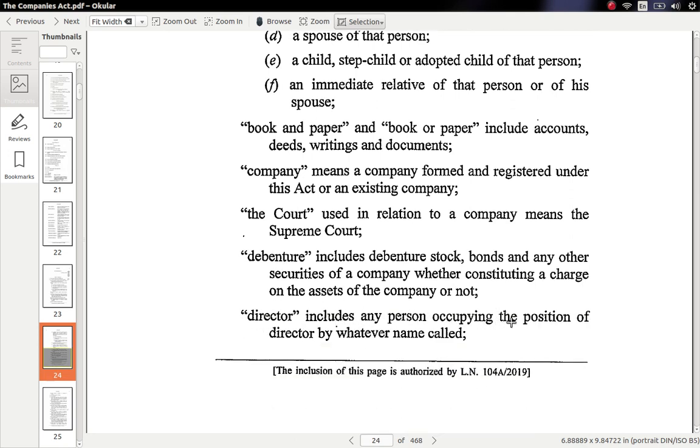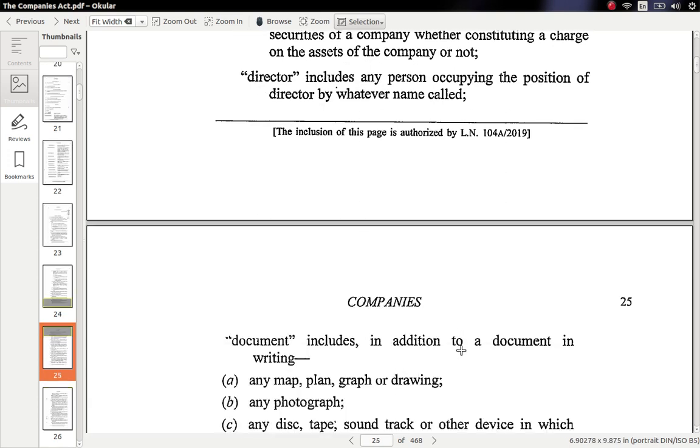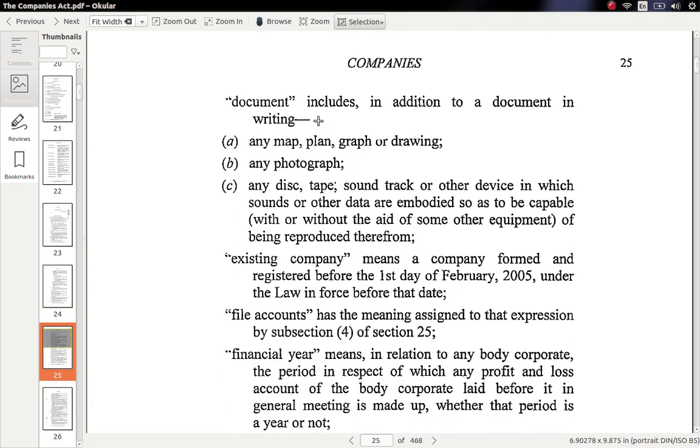Director includes any person occupying the position of director by whatever name called. Document includes, in addition to a document in writing, A, any map, plan, graph or drawing, B, any photograph, C, any disc, tape, soundtrack or other device in which sounds or other data are embodied so as to be capable, with or without the aid of some other equipment, of being reproduced therefrom.